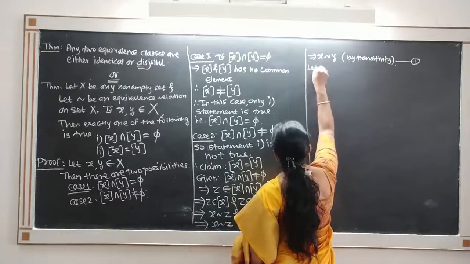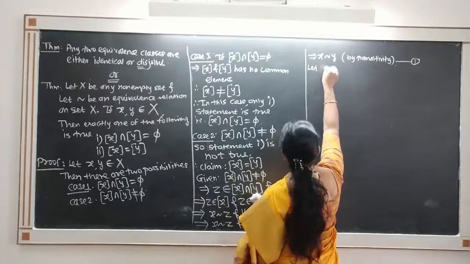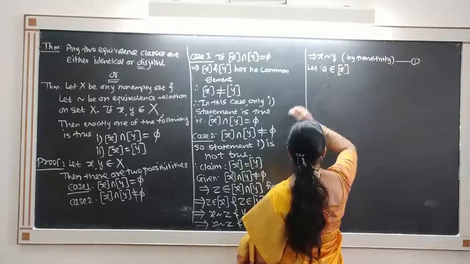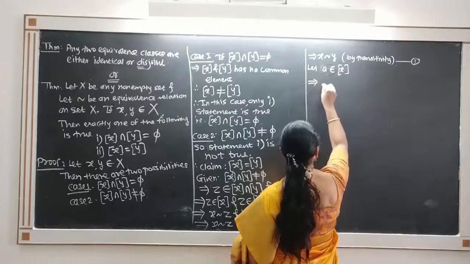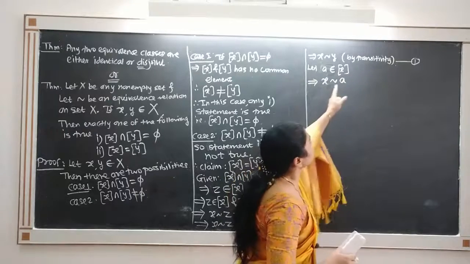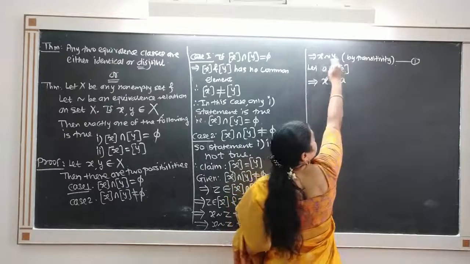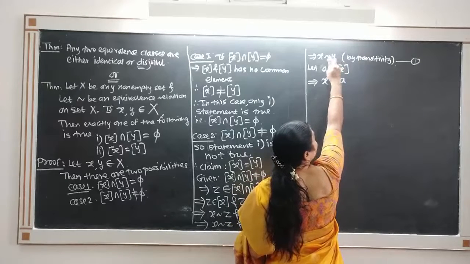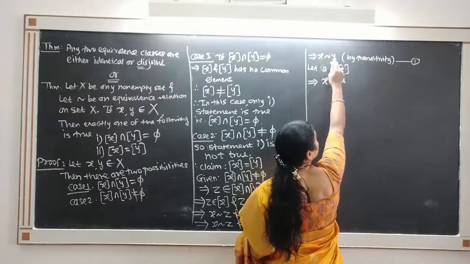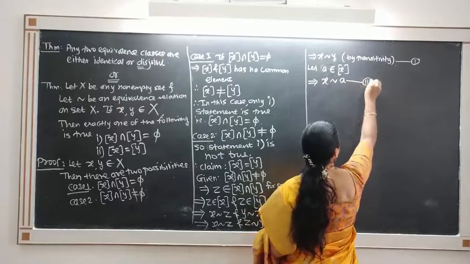So start with an element A in the equivalence class of X. A belongs to the equivalence class of X implies that X is related with A. Now X is related with Y means that Y is also related with X. So we will use the symmetry of this relation, and this is our second result.